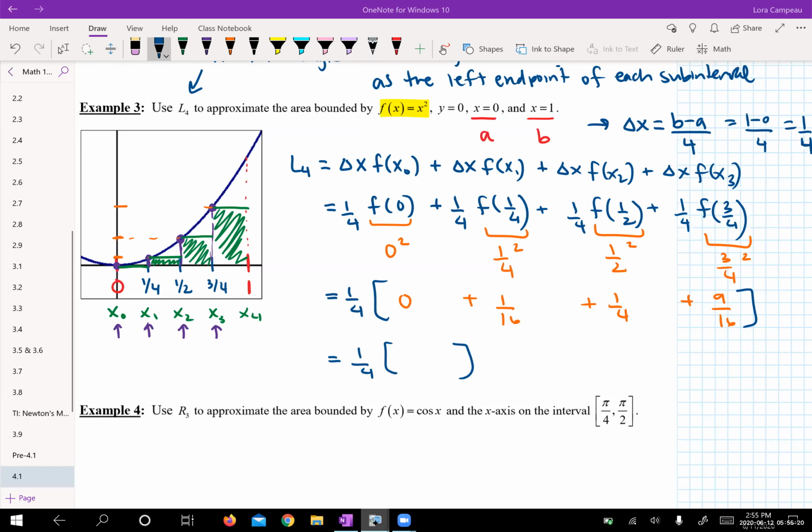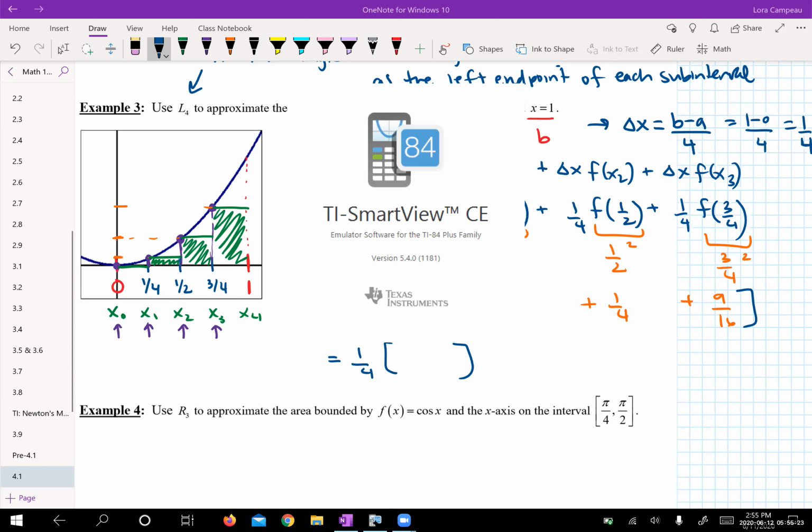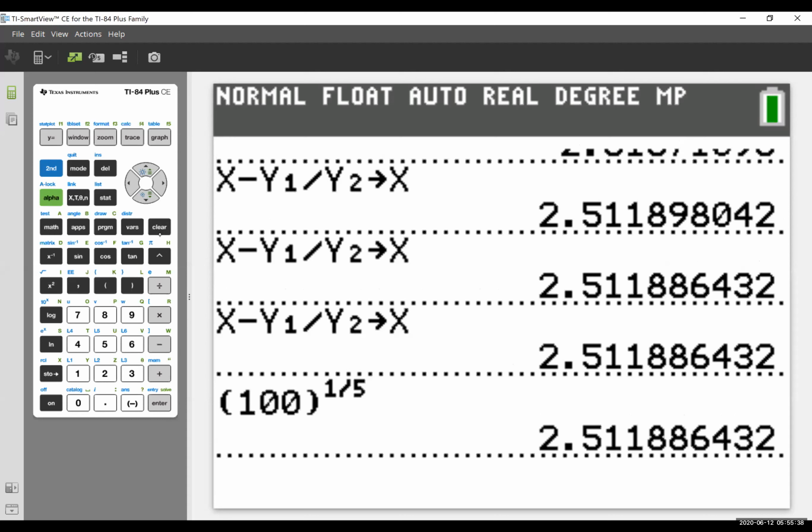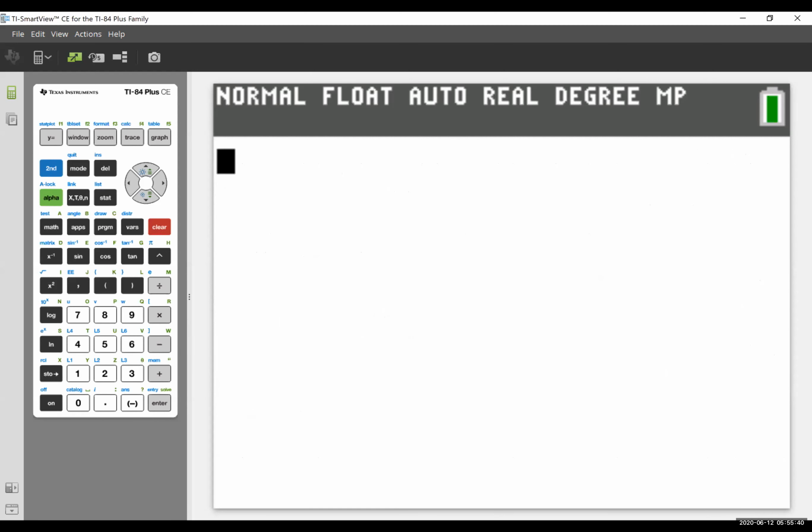Let's use our strengths to deal with some of the more complicated stuff. So again, let me look at this one more time. I'm just looking at adding fractions. I have 1/16, 1/4, 9/16.